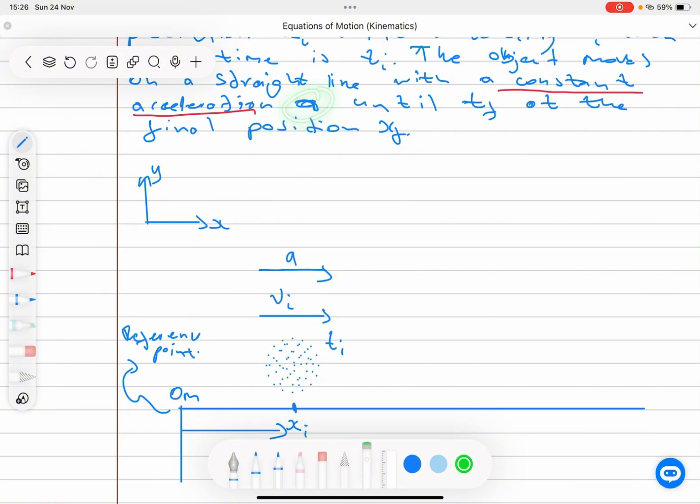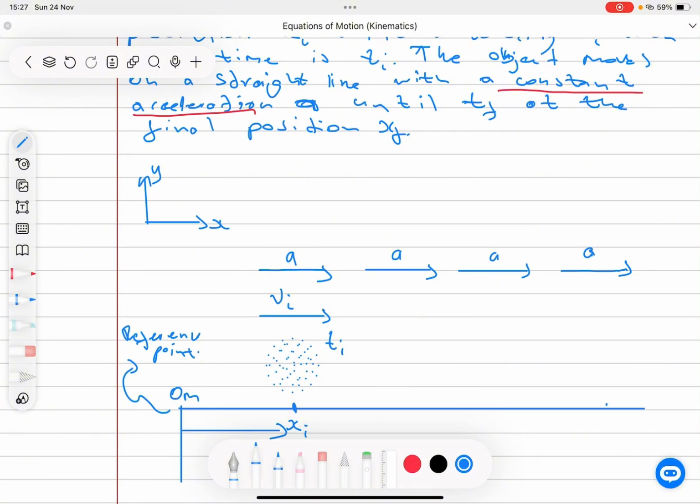When the object gets to some point here, the acceleration will still be a because it is constant, it does not change. At any other point, it would still be a. It will remain unchanged. It is a uniform acceleration.